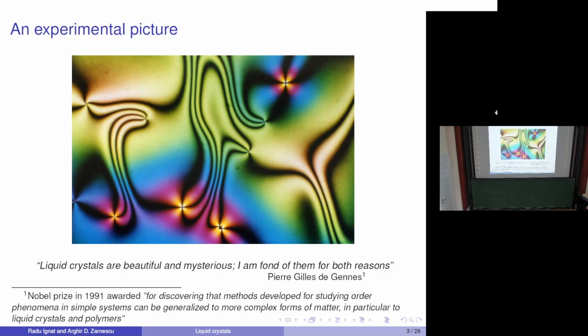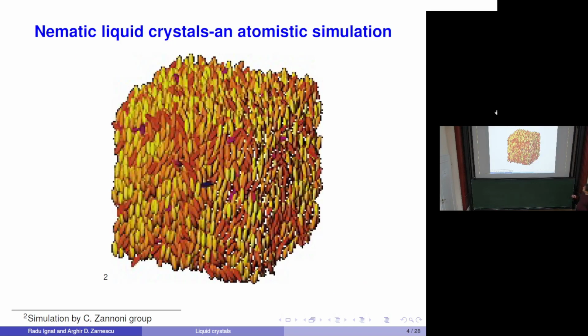Okay, so this is a different scale. It's of the order, or let's say 100, 200 nanometers. Yeah. So a nanometer is 10 to the minus 9 meters. So very, very small.